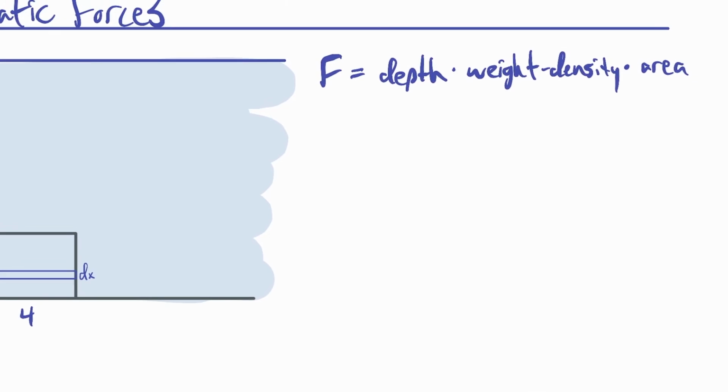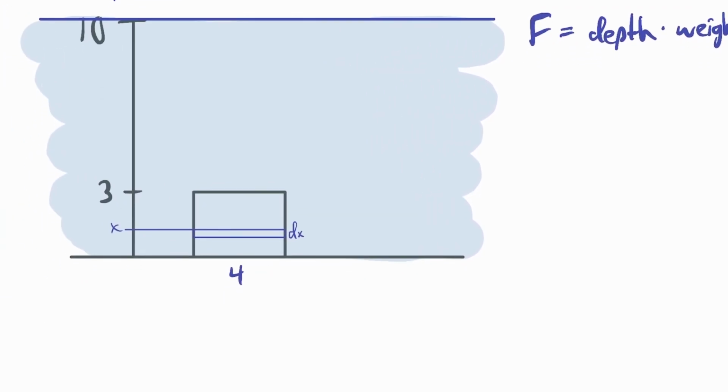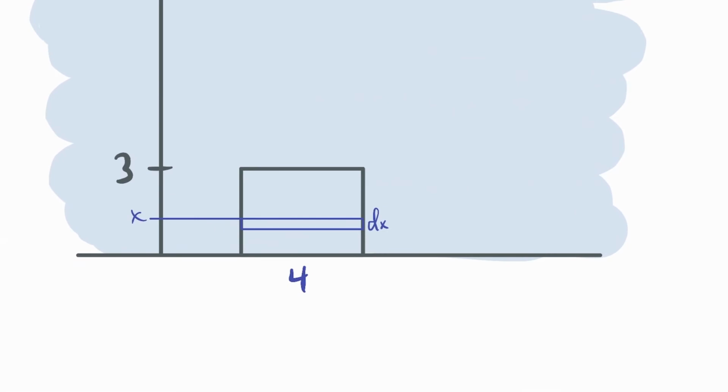Now, what's the area? Well, the area for each slice, I change the size of my marker here. This area is going to be 4 times dx, because that is the area of that rectangle. It's 4 meters wide, dx units tall.